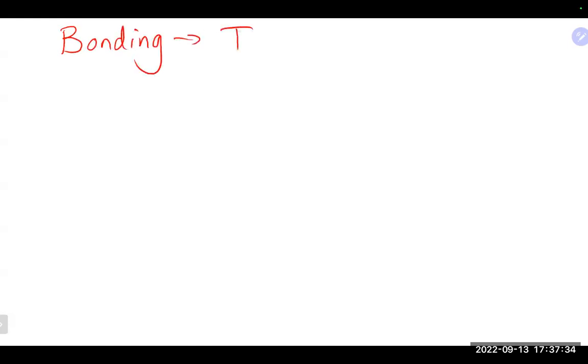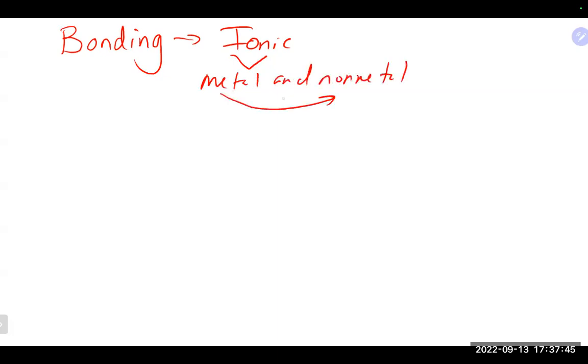We have ionic bonding, which is always between a metal and a non-metal. And always in this case, we do get a transfer of electrons from the metal to the non-metal. The result of that is, as we talked about, we will make a cation from the metal, which is positively charged.